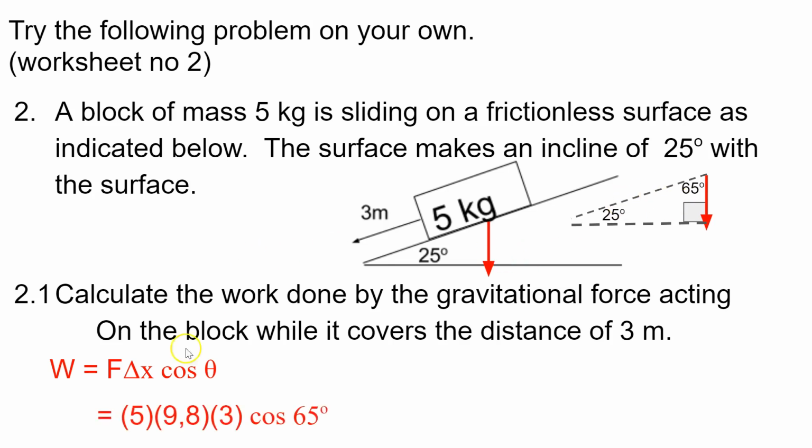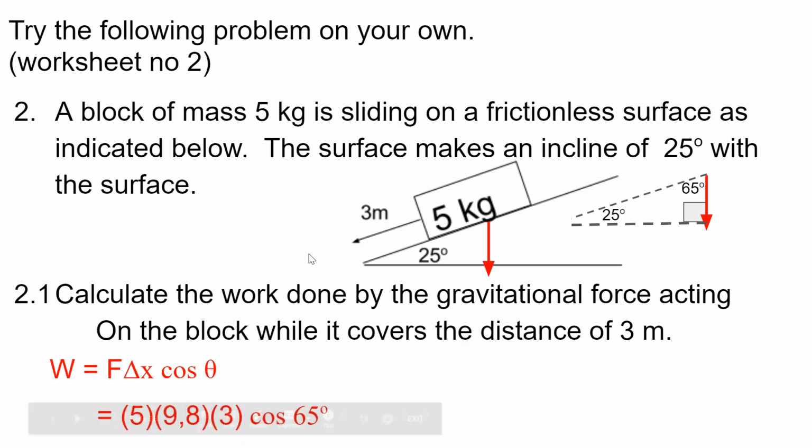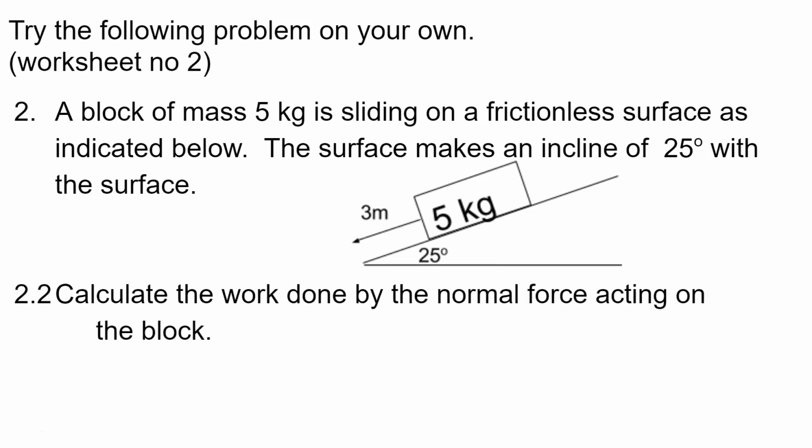The gravitational force is mass times gravitational acceleration, times the distance that this object is moving, 3 meters, cos of the angle between the direction that it is moving and the force. And if I calculate that, it will give me 62.12 joules.